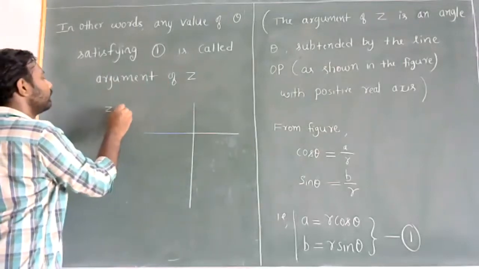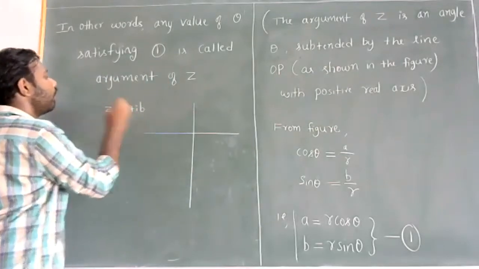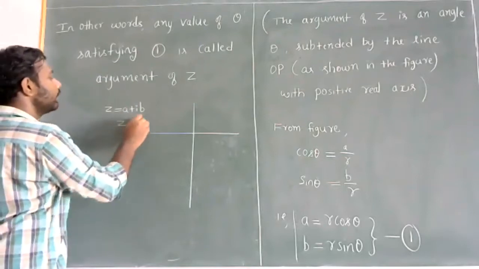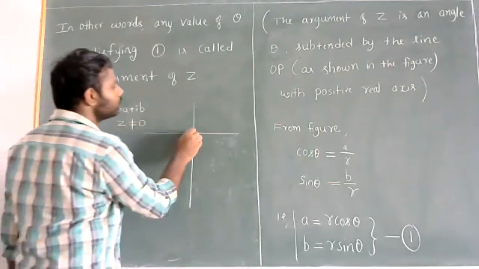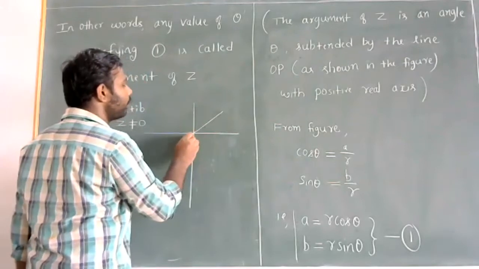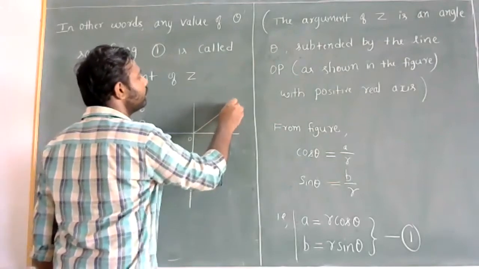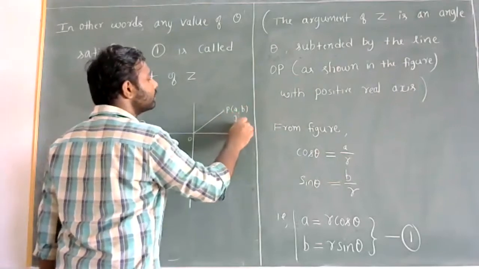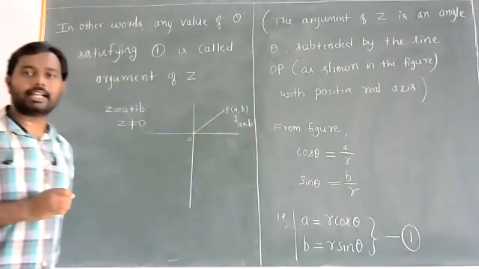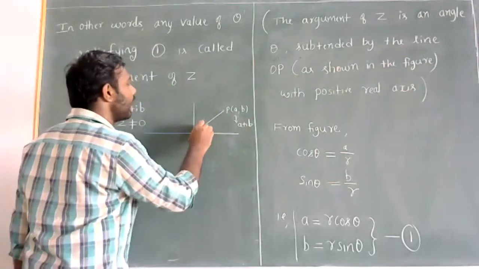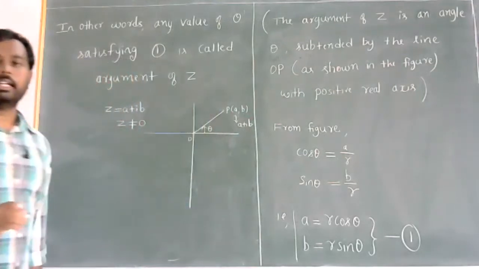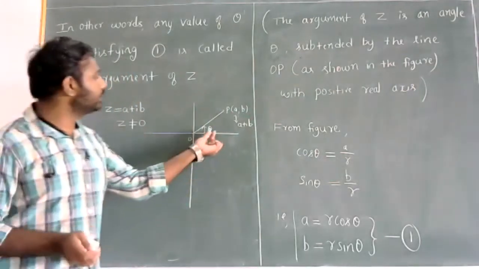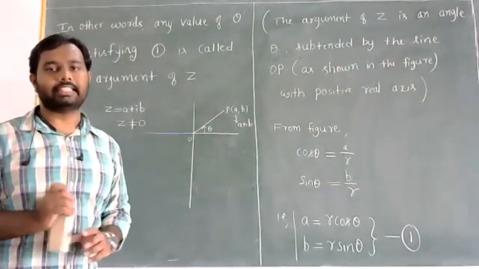So if I have started with a complex number which is non-zero, so this is the point O and this is the point (a, b), which corresponds to the complex number a plus ib, and this is the angle subtended by the line, and this is nothing but argument of z.